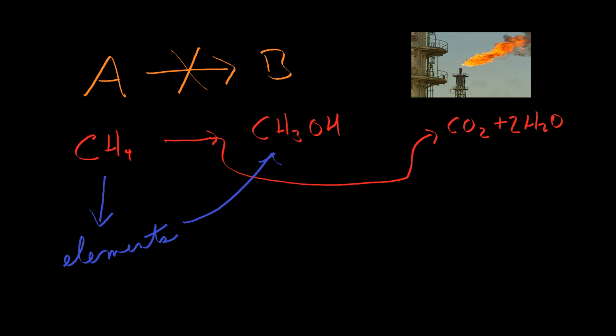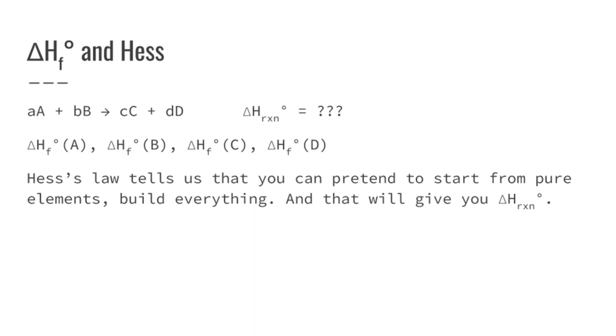We can sort of pretend that we take all of the reactants apart into their elemental components and then rearrange those elements and put them back together as the products. That isn't how it actually happens, but again, remember, state function. A to B is all that matters. We can make any sort of path we want so long as we get from A to B.